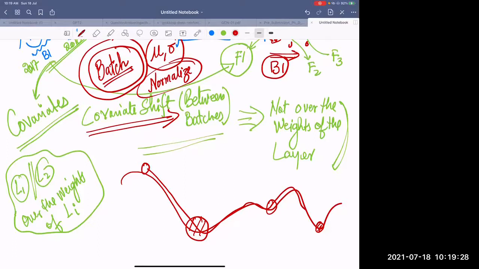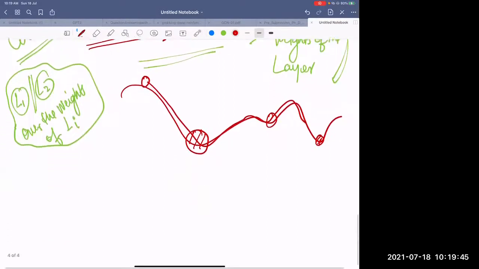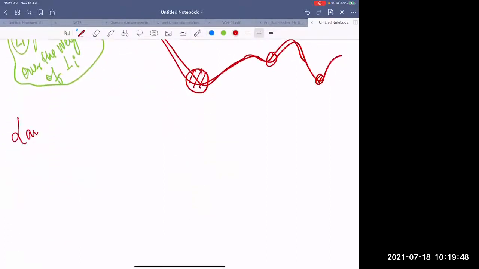So within a batch, I am normalizing, which means that every time whenever I grade, the values are between 0 to 1 or 0 to 100 or something like that. And because of that, I somehow manage the stable gradients. That's batch normalization. What is layer normalization?